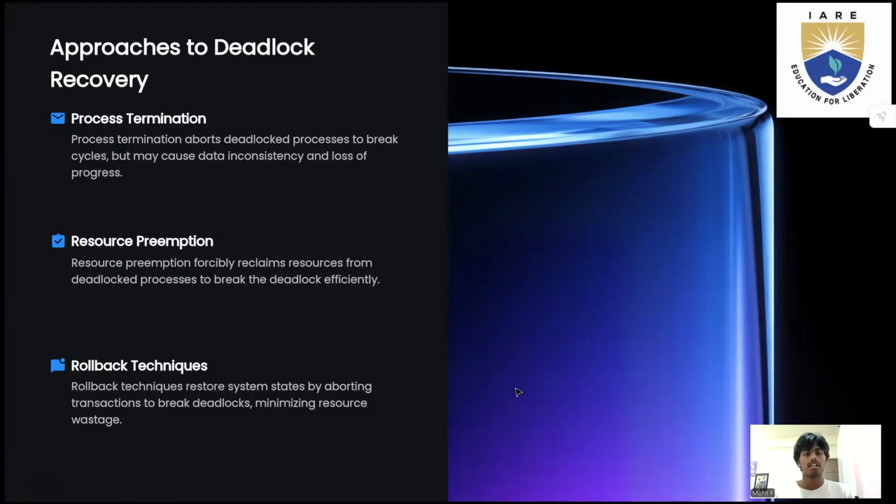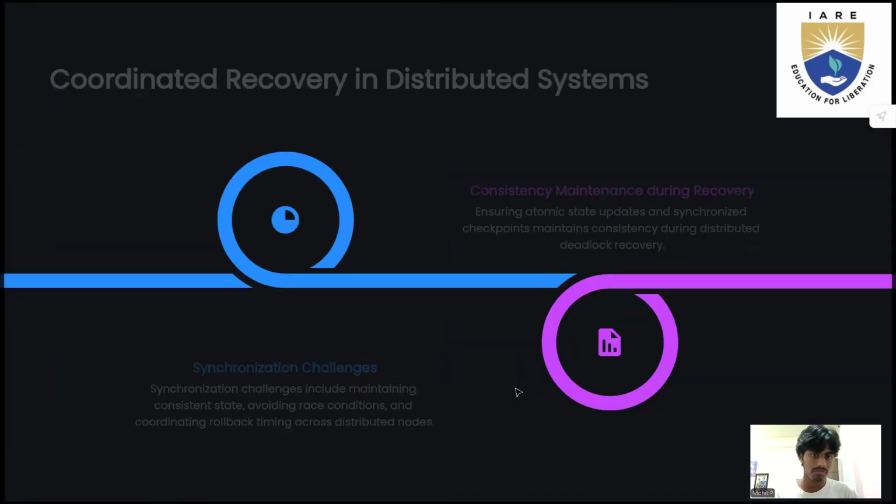Resource preemption forcefully reclaims resources from deadlocked processes to break the deadlock efficiently. Rollback techniques restore the system by aborting transactions to break deadlocks, minimizing resource wastage.